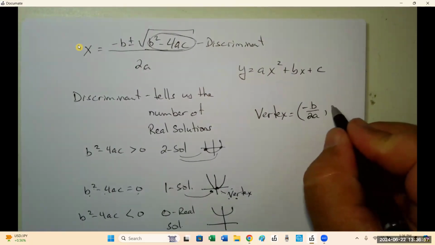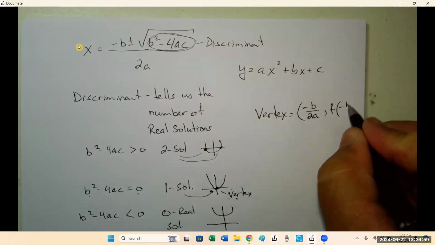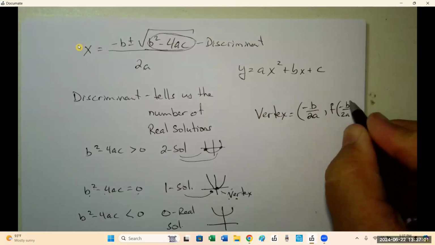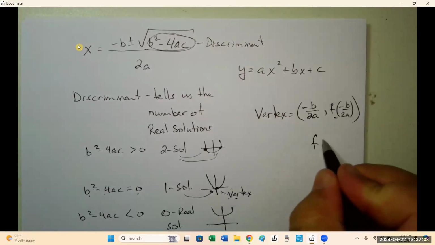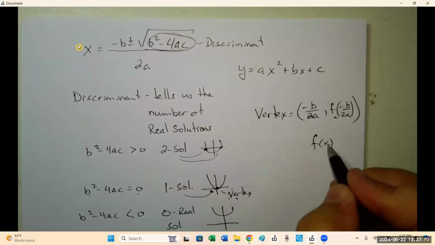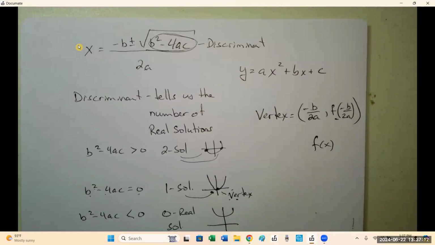And then once we have the x value, plug that back into the original equation, and that'll tell you the y value. Remember, this is the f of x. So whatever that becomes goes in place here inside the function.